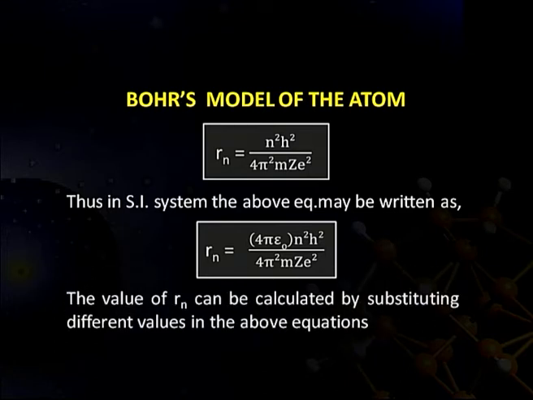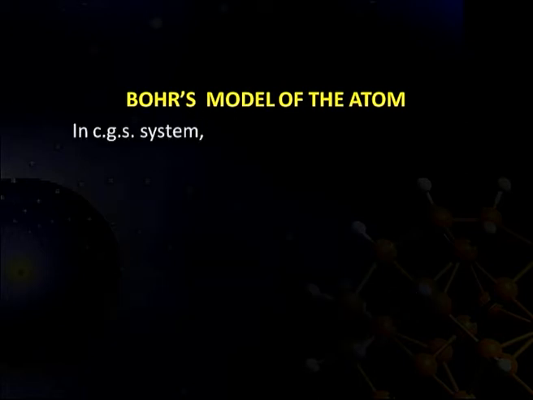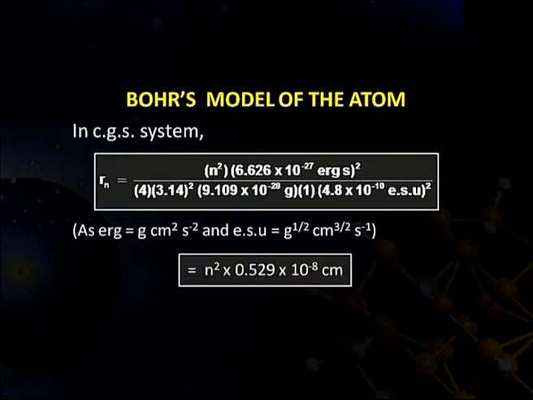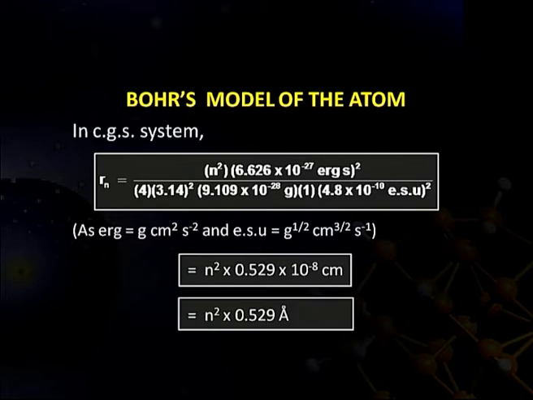The value of rn can be calculated by substituting different values in the above equation. In the CGS system, the rn value can be calculated by these values, so r = n² × 0.529 × 10⁻⁸ centimeter, or r = n² × 0.529 angstrom.